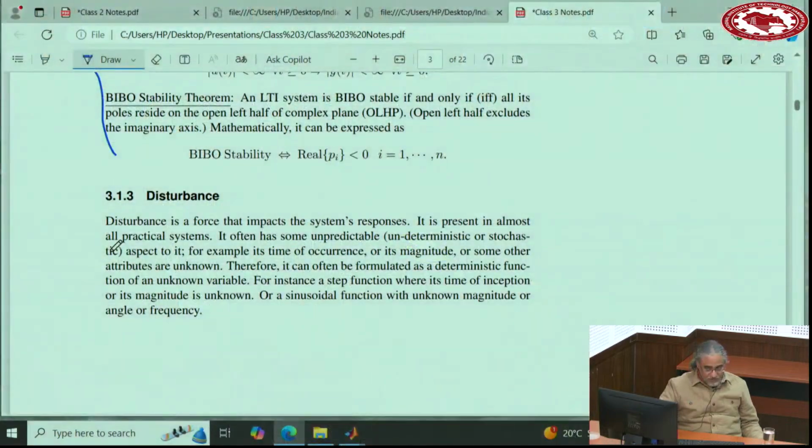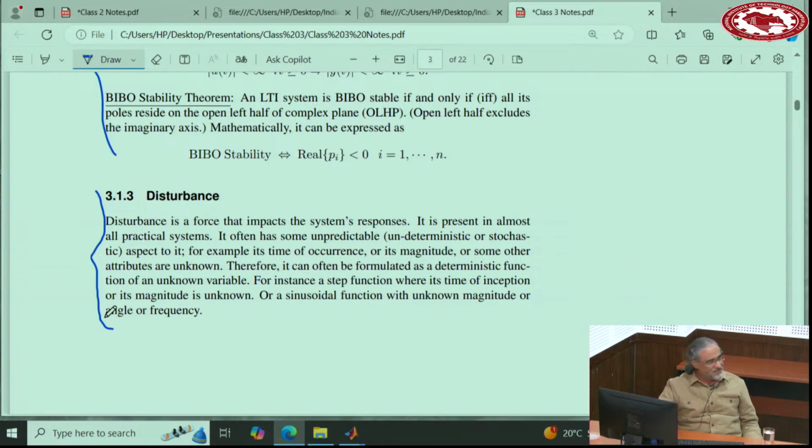Now, disturbance and uncertainty, very important things. In every practical control system, we have two things, disturbance and uncertainty. Already in the converter, what we said, VA and VB, we may not know exactly what they are, or R is, that is uncertainty.